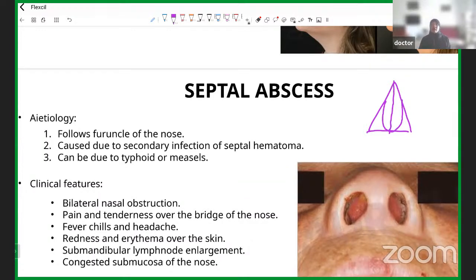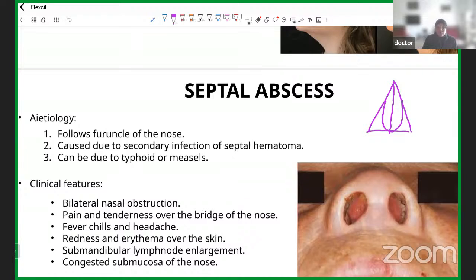This hematoma can develop into an infection. We also have a topic on septal hematoma, but before that I wanted you to understand what septal abscess is, because that's what we have on the screen first. If a septal abscess is not treated, it can lead to furuncle, that is boils of the nose or the upper lip.